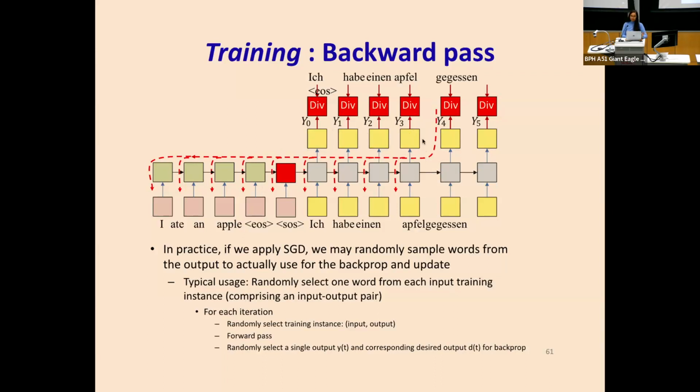This is just to make your process efficient. Even if you do it for all the pairs of sequences, it's fine. It's just going to be a little computationally inefficient.